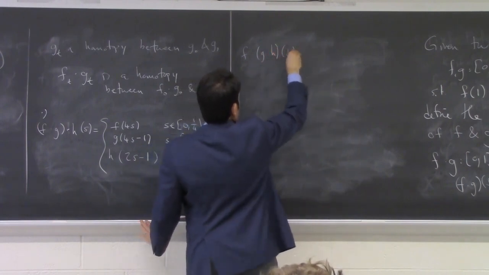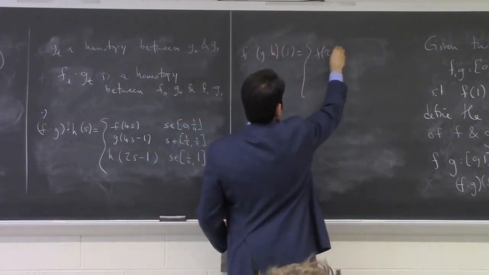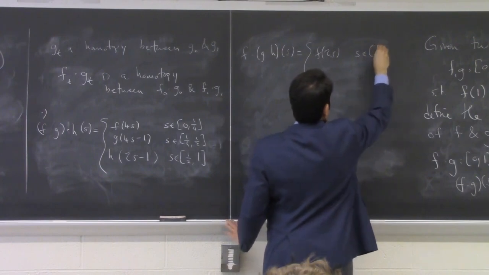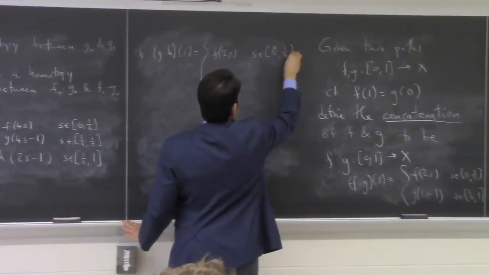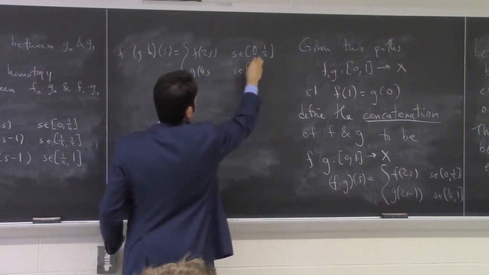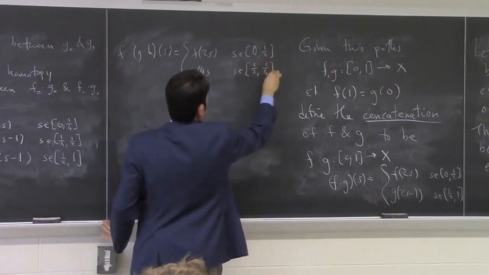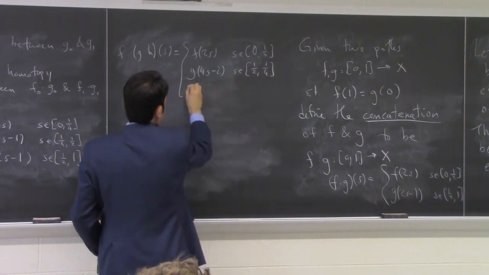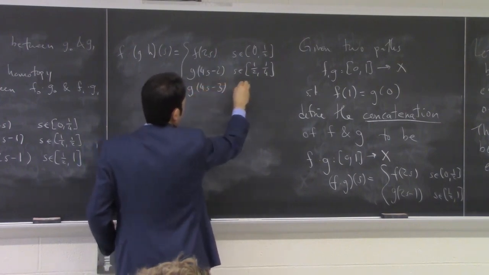Similarly, if you did this in the opposite order, then you would just be doing this in half the time, this in a fourth of the time, and this in a fourth of the time.